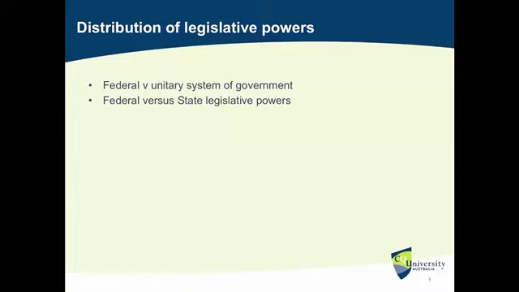If you speak of a federal system of government, there is a tension because there are at least two institutions that wield legislative power. On the one hand, you have the Federation or the Commonwealth, the Commonwealth government or the Commonwealth or federal parliament, and on the other hand, you have the state parliaments.